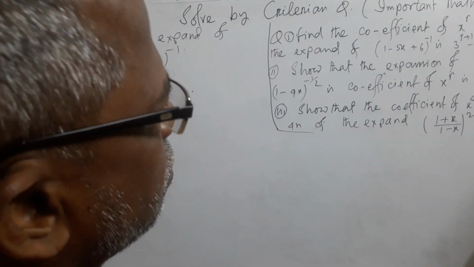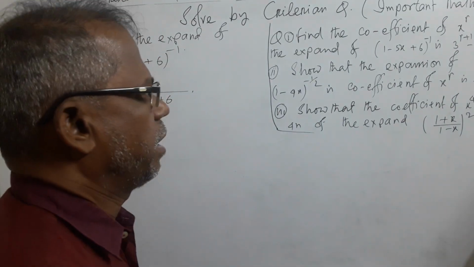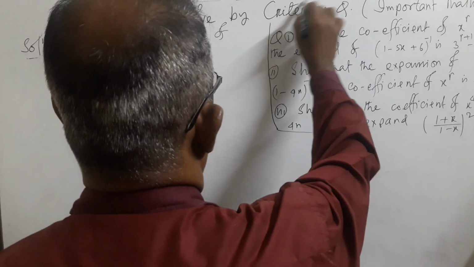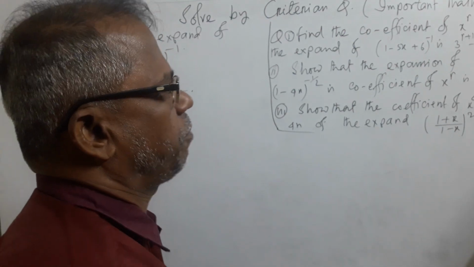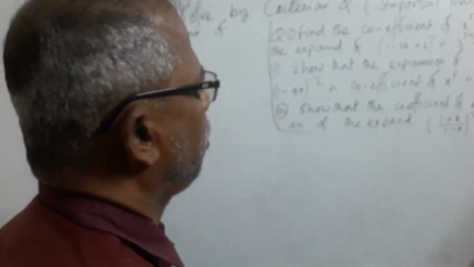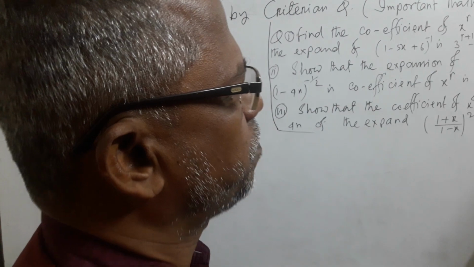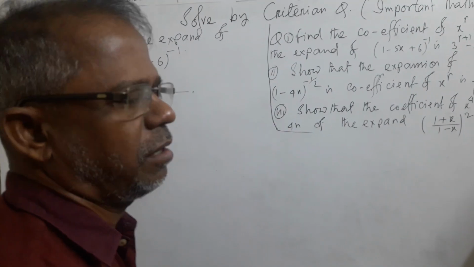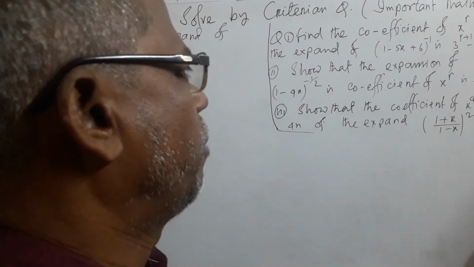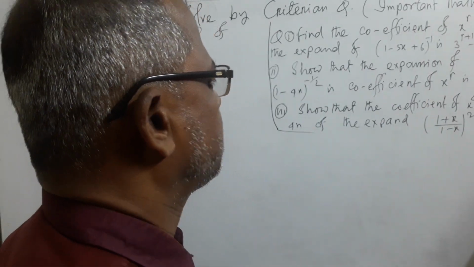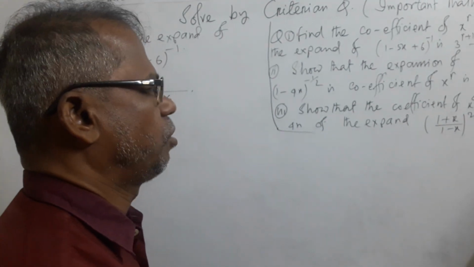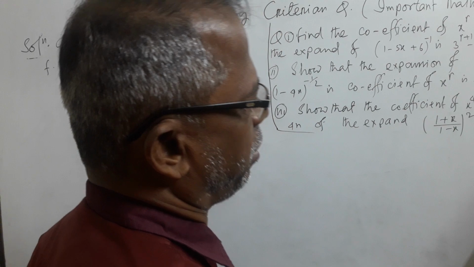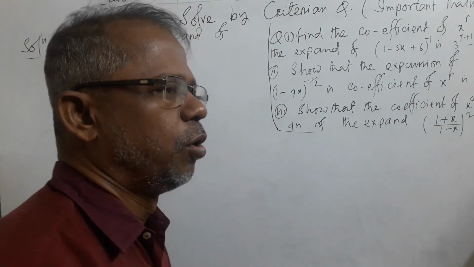Firstly, the questions are criterion questions and important maths. Find the coefficient of x to the power r in the expansion of (1 minus 5x plus 6) to the power minus 1, which is 3 to the power r plus 1 minus 2 to the power r plus 1. Second, show that in the expansion of (1 minus 4x) to the power minus half, the coefficient of x to the power r is factorial 2r divided by (factorial r) whole square.